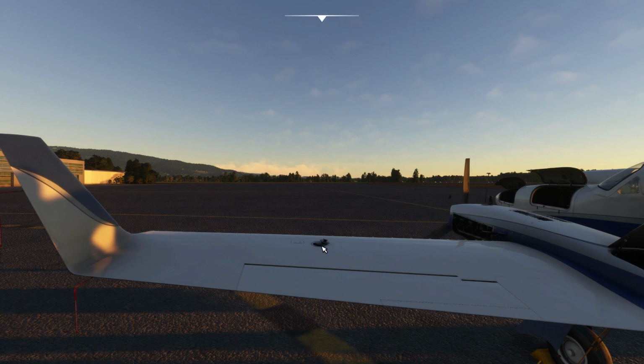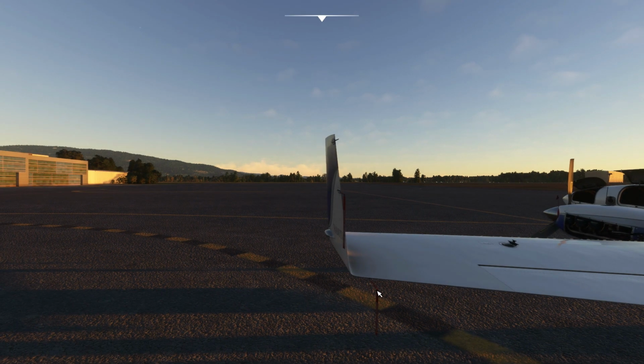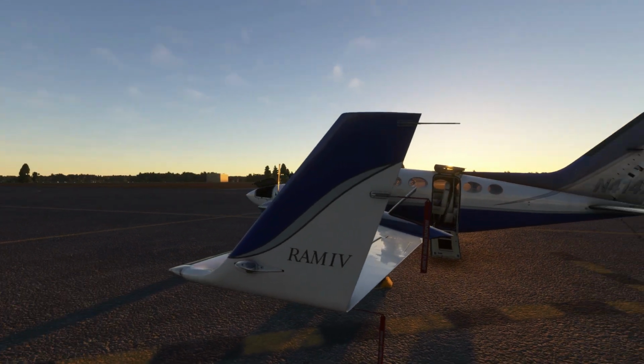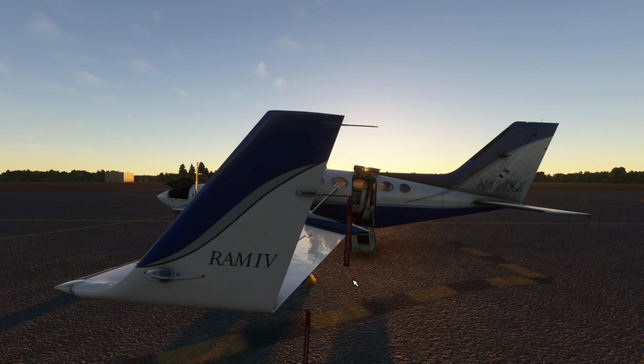We have here the filling intake of the left wing fuel tank, and of course the electrostatic wicks, or the electrostatic vanes that gather the charge build up from the fuselage and discharge it in the atmosphere, given there is a difference in electric potential between them.